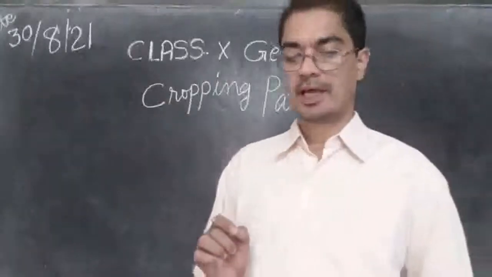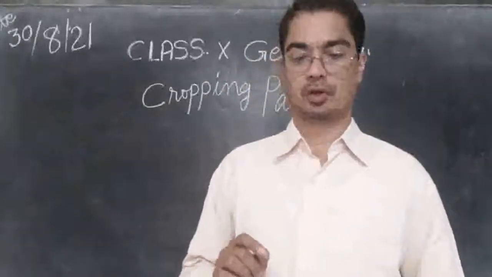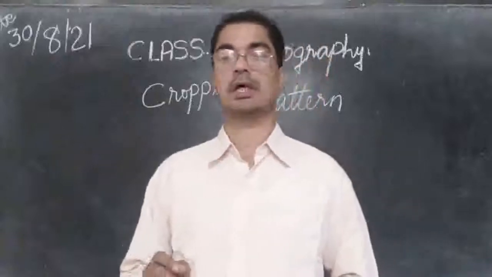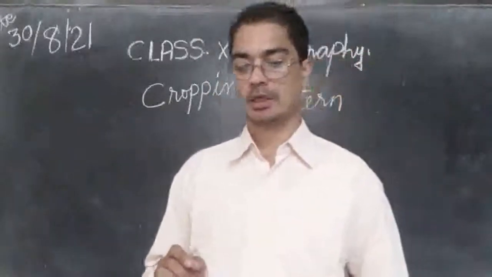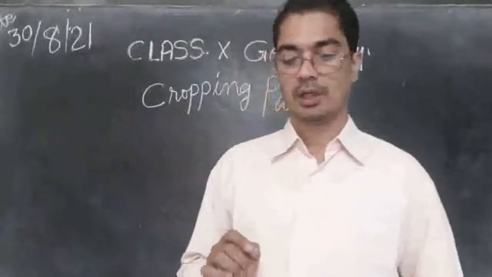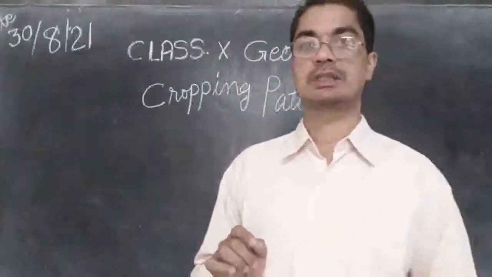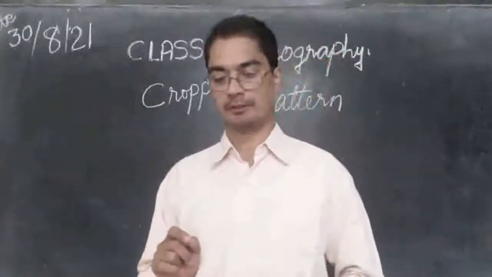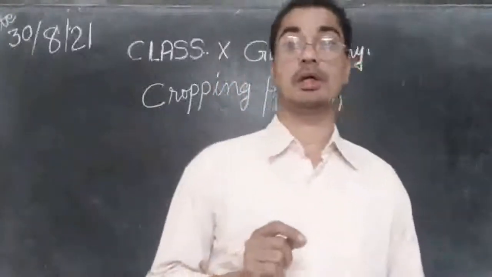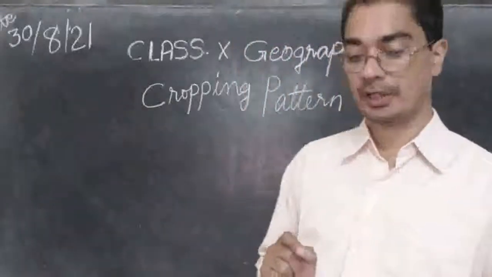And various types of food and fiber crops, vegetables and fruits, spices and condiments, etc., constitute some of the important crops grown in the country. So which are some of the important crops grown in our country?